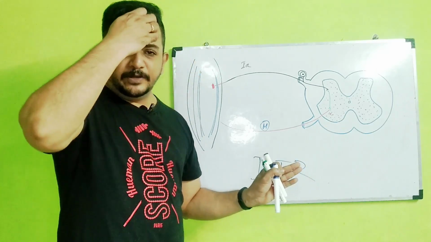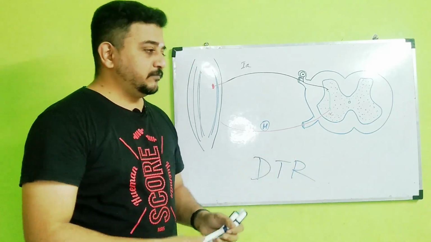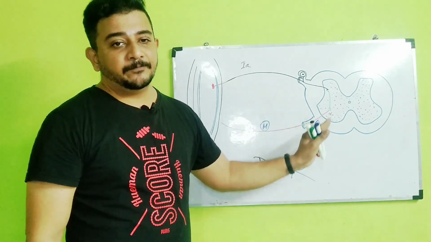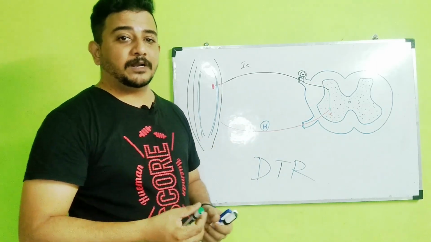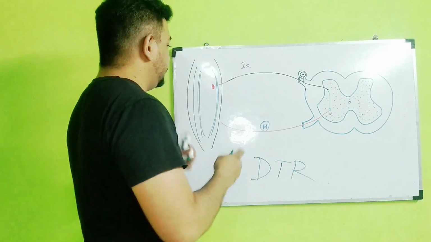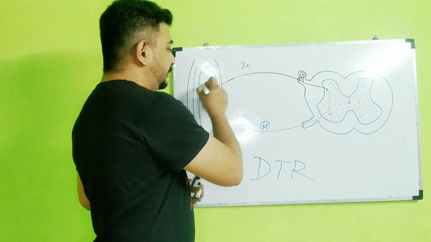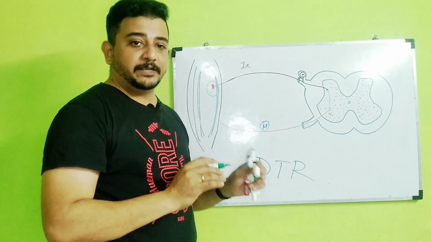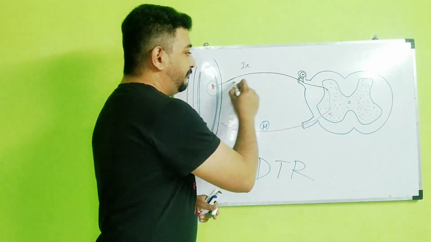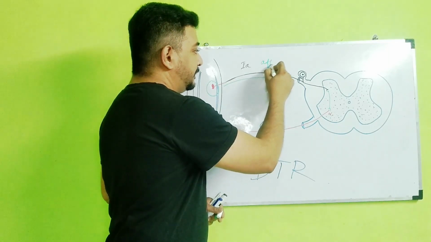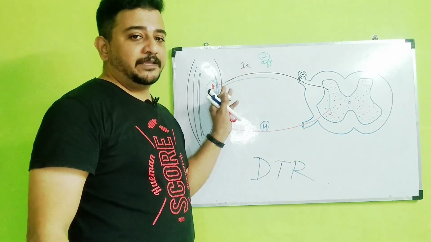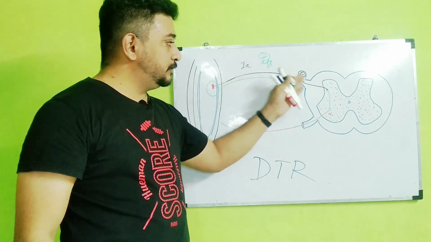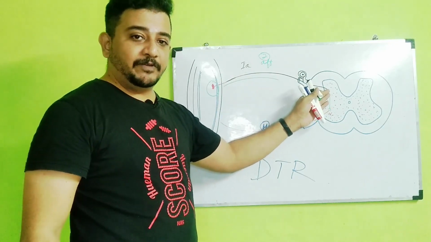So what we actually do by means of assessing this is we are finding the integrity of the reflex arc. For a normal reflex to happen, what are the essential things? The receptor organ should be fine, that is the muscle spindle should be in correct shape. The afferent fibers which are carrying the information from the muscle spindle to the posterior horn cell should be fine.